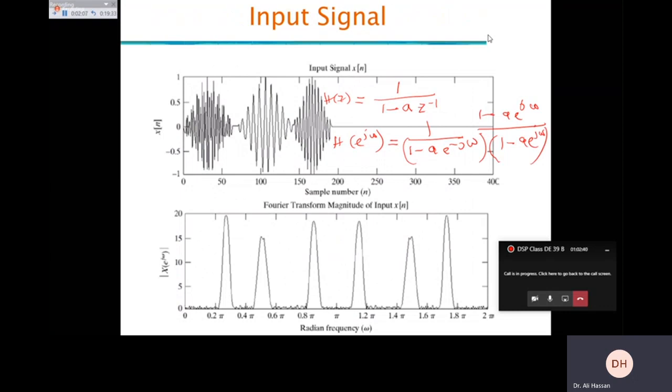We have seen it: 1 minus 2r cosine of omega z inverse plus r squared. So you are going to see the same thing in the denominator here, which will be 1 minus 2a cosine of omega plus a squared.